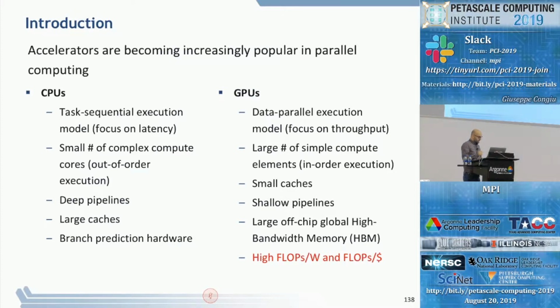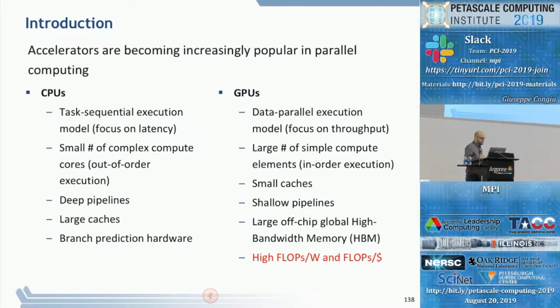For this reason, CPUs have a small number of complex compute cores that allow different optimizations, for example, out-of-order execution. They also have deep pipelines that reduce the maximum length of the circuitry in the chip and allow boosting the clock frequency.